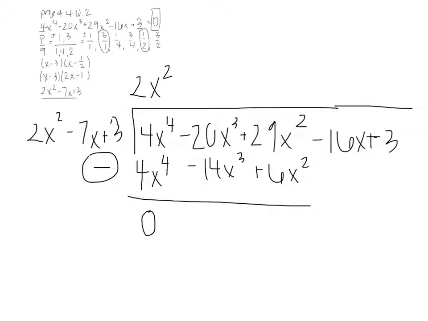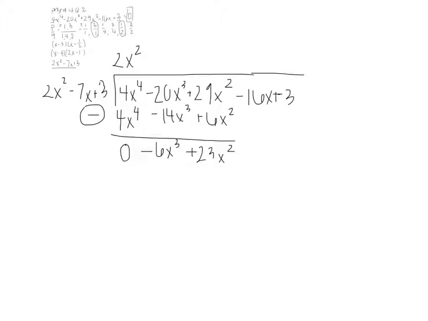Negative 20 minus a negative 14x to the 3rd is going to give us a negative 6x to the 3rd. And then positive 29 minus 6 is going to give us a positive 23x squared.